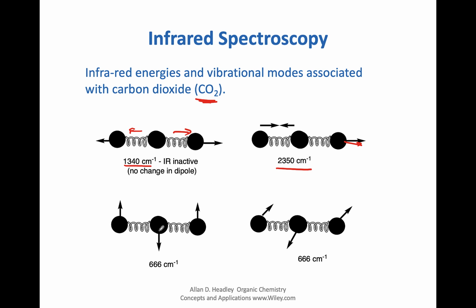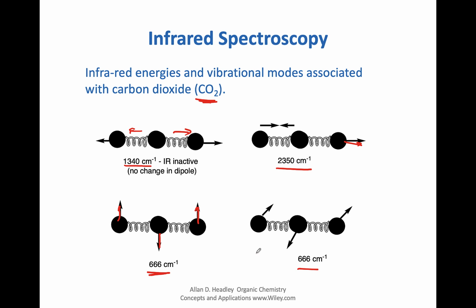Here's another one. This one is going out, and these are going back. Another type of vibrational mode requires a different specific energy. This one here is pretty similar, but it's a different vibrational mode, and it requires energy in the same region of the electromagnetic spectrum.